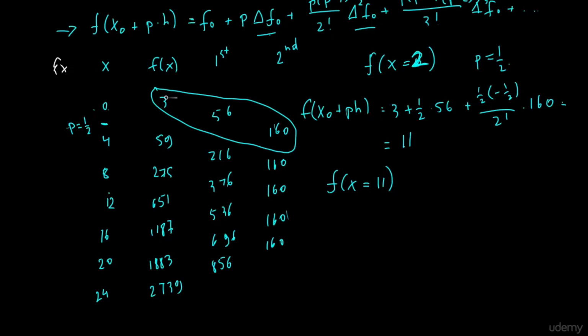So what we're doing is, instead of taking these sets of values and setting p equal to 1/2, we're taking the values starting at 8, without the 8, obviously. We're taking this set of values and using that instead. So we're setting p equal to 3/4 because it's 3/4 distance from the 8 here.